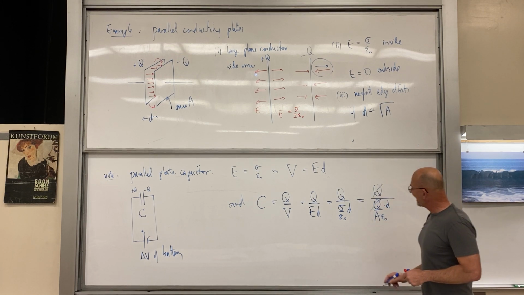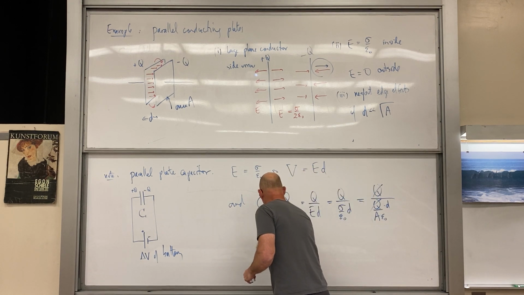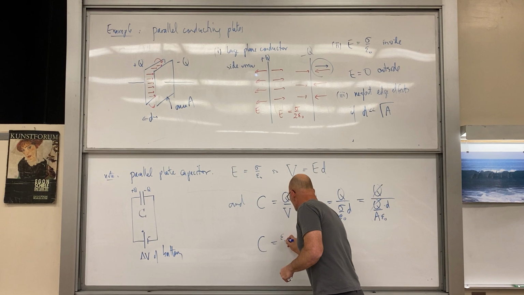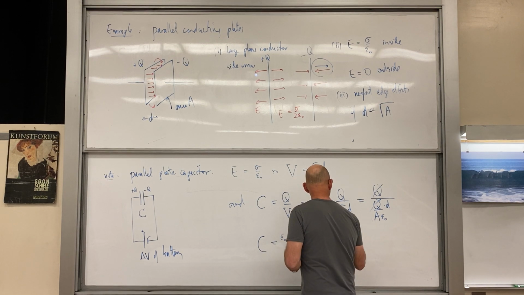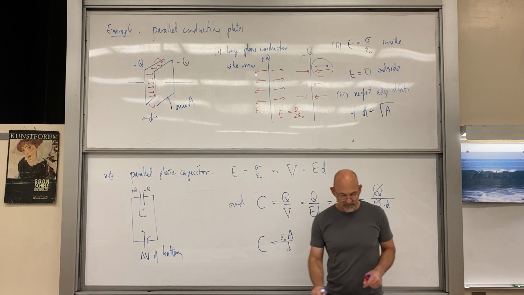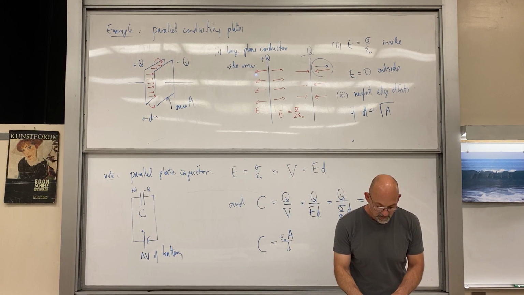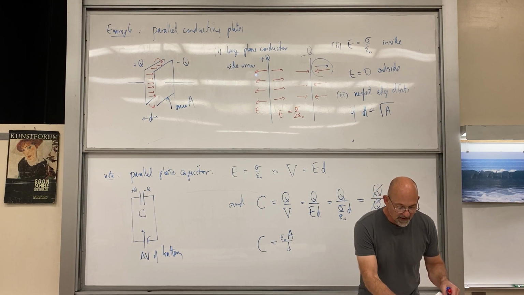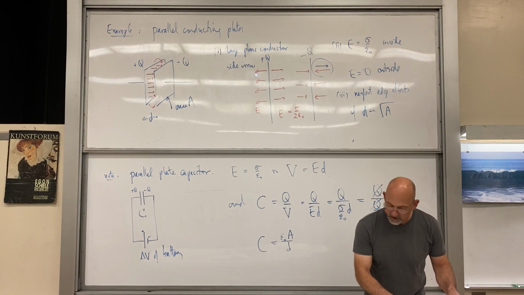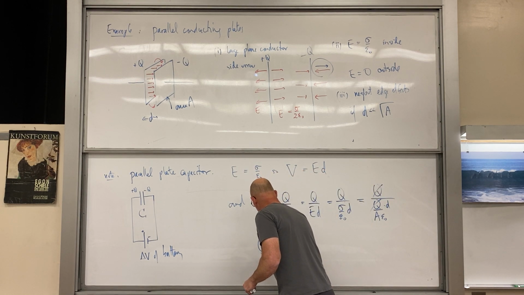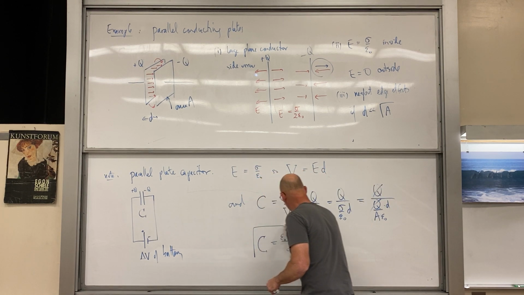So finally they cancel. C is equal to epsilon naught A divided by D. Good. So yeah, this is of fundamental importance. We're going to use this again and again. Okay, that's the capacitance.